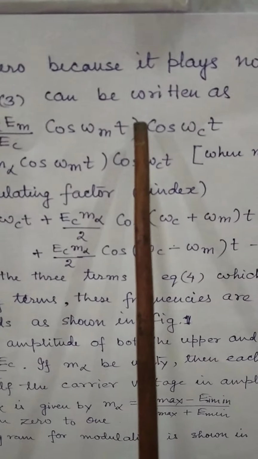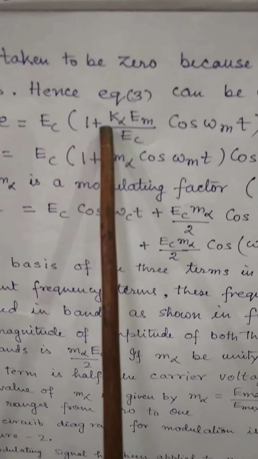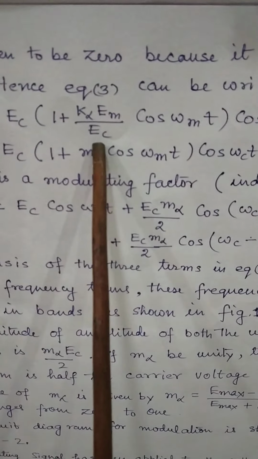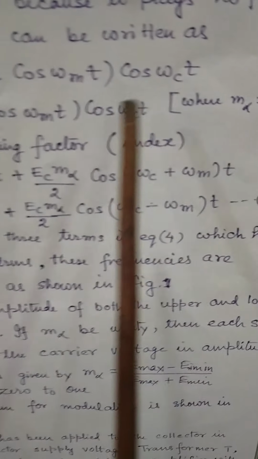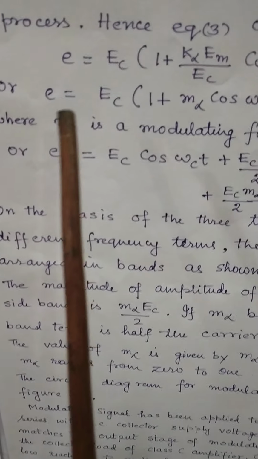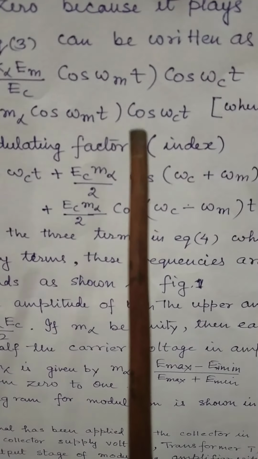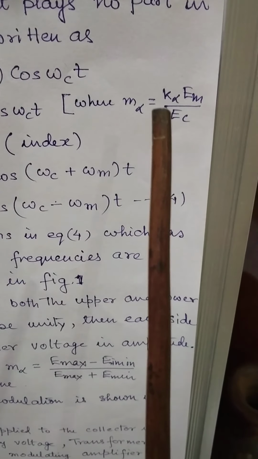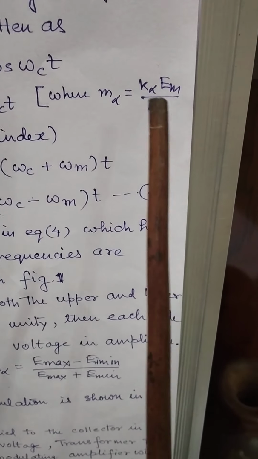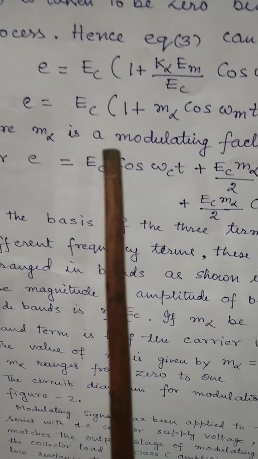Hence, equation 3 can be written as e = E_c (1 + K_α E_m / E_c) cos ω_m t cos ω_c t, or e = E_c (1 + m_α cos ω_m t) cos ω_c t, where m_α = K_α E_m / E_c, and m_α is the modulation index.